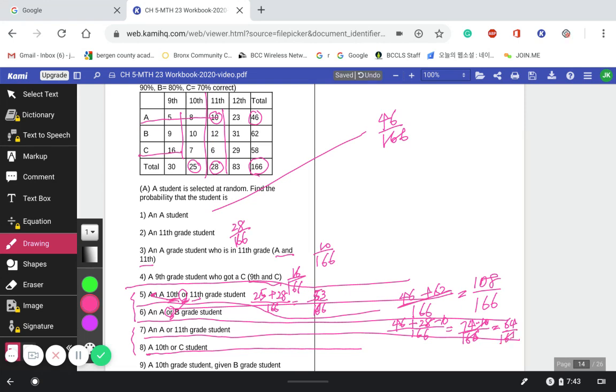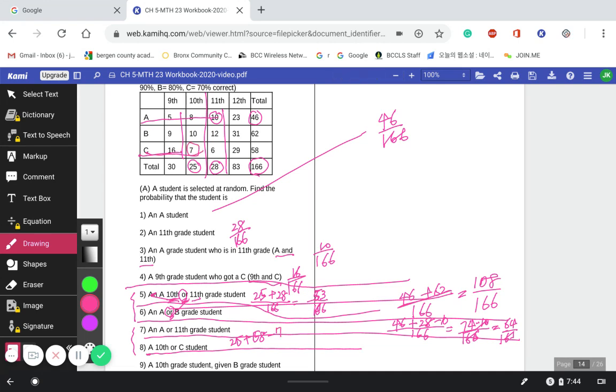So contrary to number 5 and number 6, for 7 and 8 you have to take away the common area. So number 8, 10th and C. So 10th would be 25 and C would be 58. And then you take away C and 10th, which is 7. So 7 away.